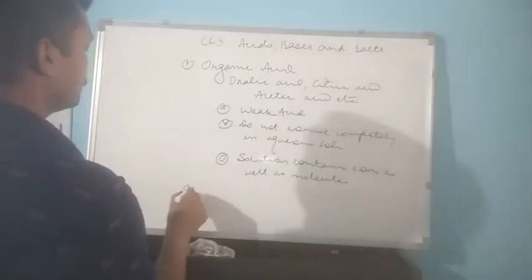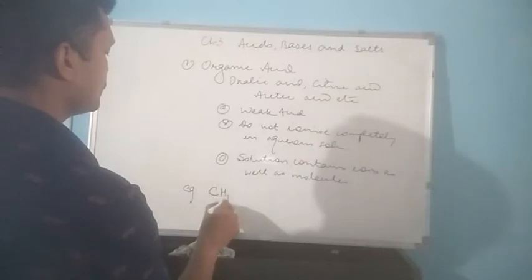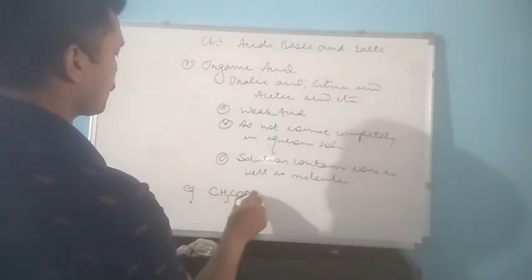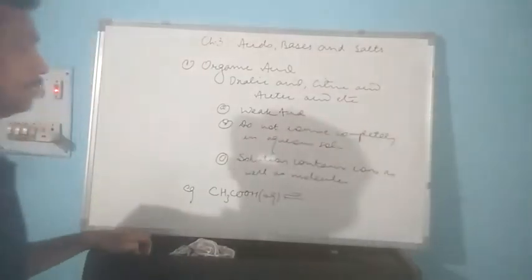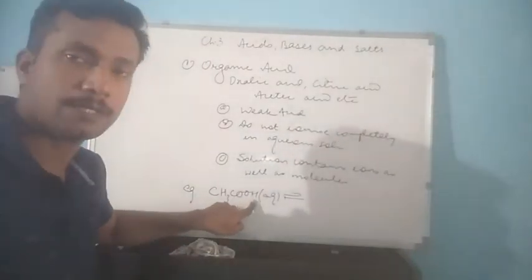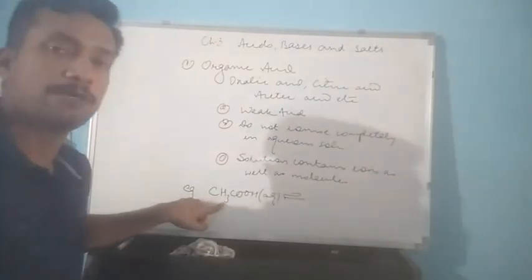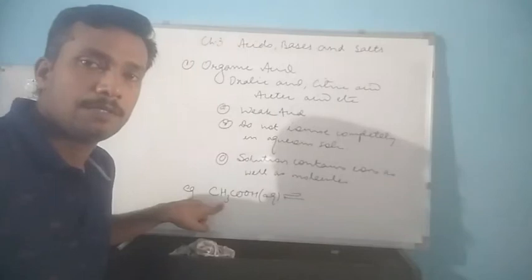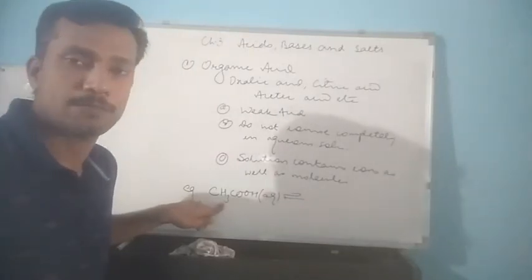For example, acetic acid, CH3COOH, in its aqueous solution. Here, it is this hydrogen atom that is the replaceable hydrogen atom, whereas these three atoms of hydrogen are not replaceable as they do not take part in the ionization process.